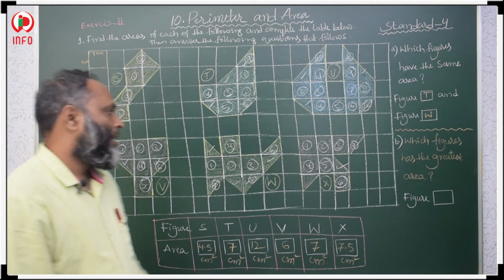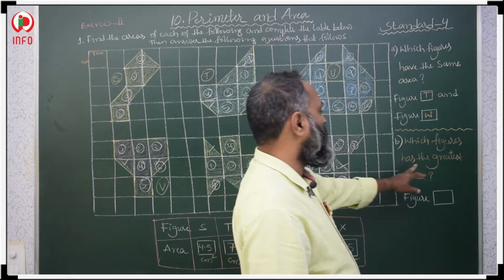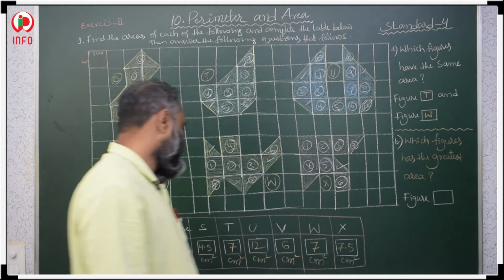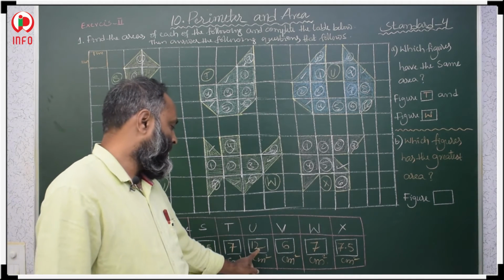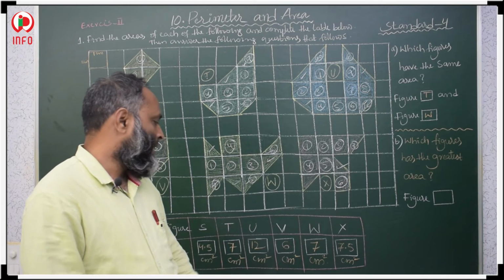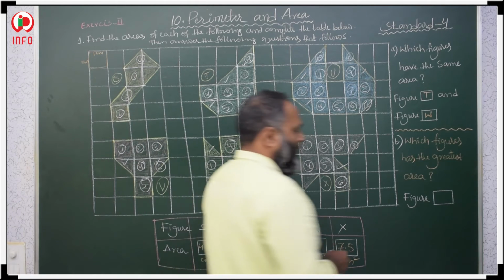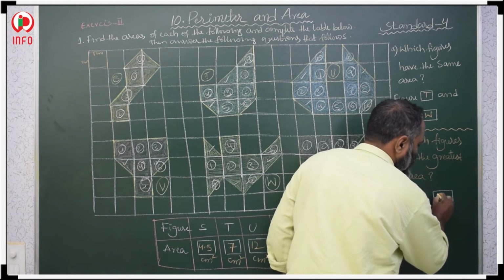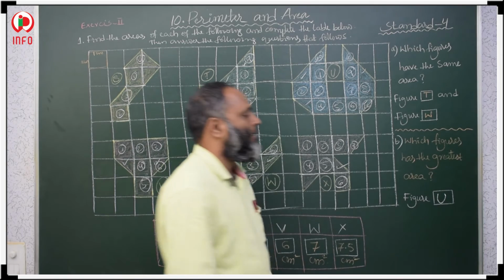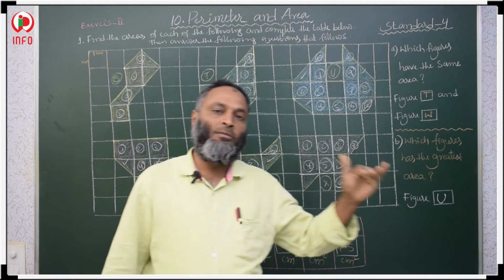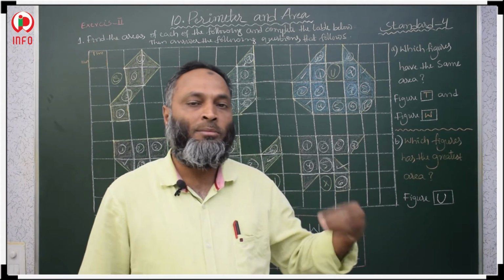Next question, which figure has a greater area? Figure U is having a greater area. Okay, students, this is the method to find the area of irregular shapes.